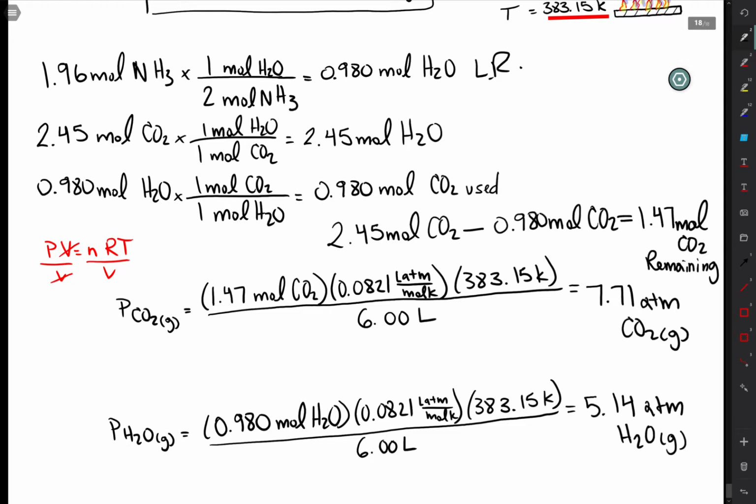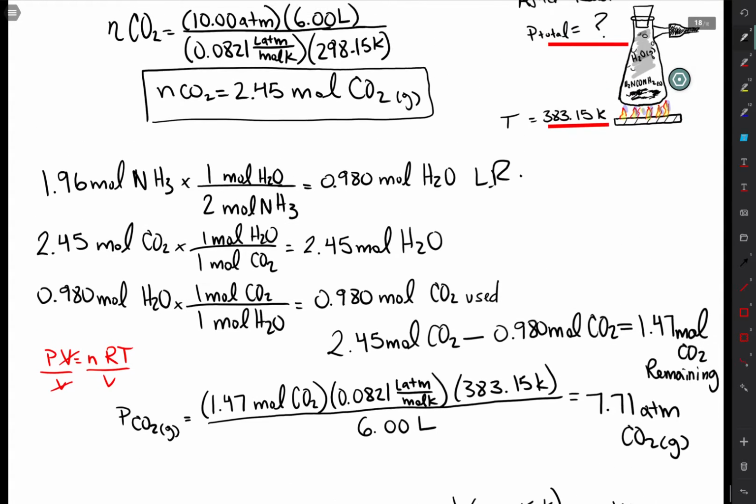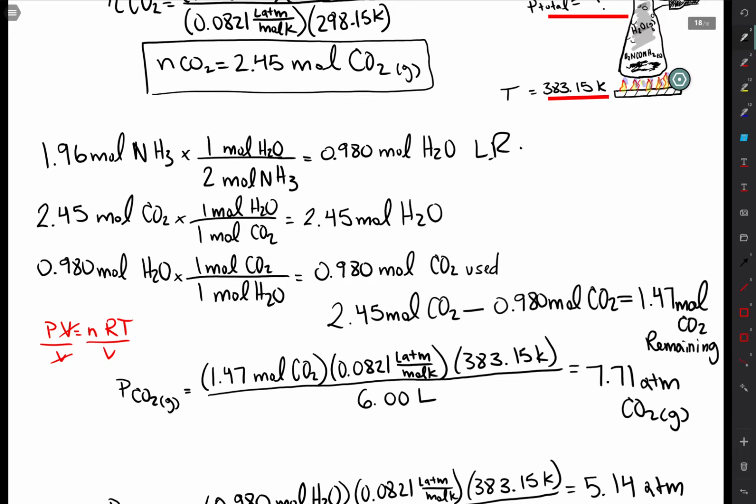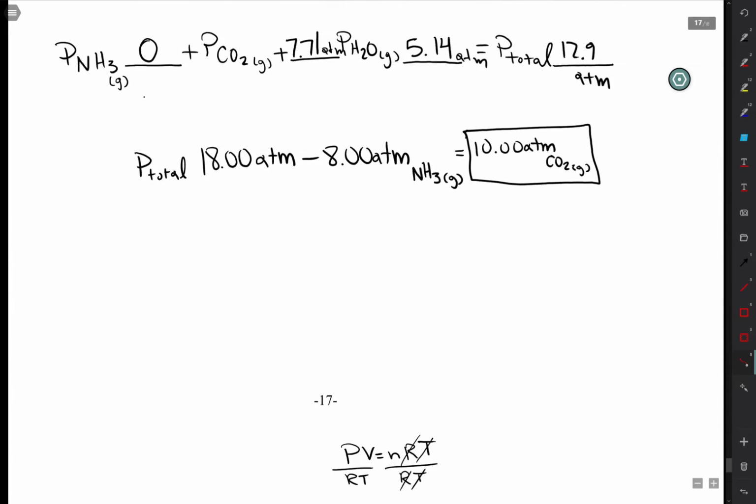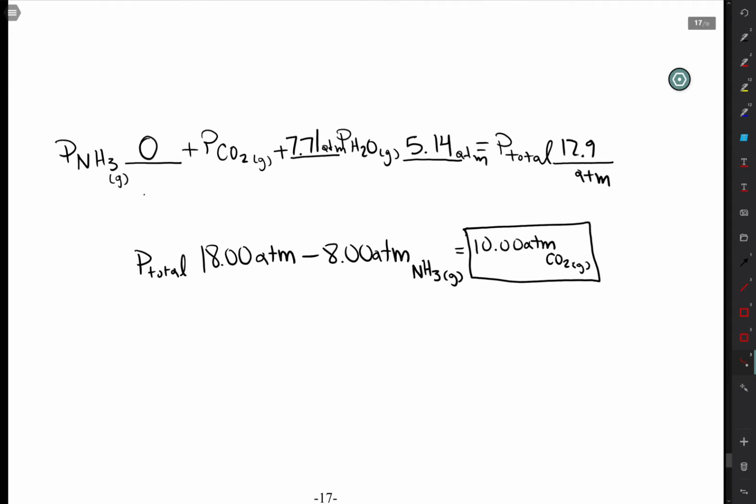So now we should have everything we need. We have three gases: H2O gas, carbon dioxide gas, and ammonia. What we're going to do now is add it all up. Ammonia was used up because that was our limiting reactant, so we have 0 atmospheric pressure left. For carbon dioxide, I have 7.71 atmospheric pressure.